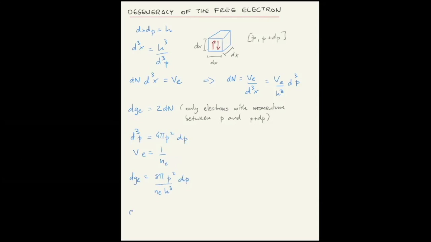We can write this then as a differential of the number of ions in the upper level, the ionized state, over the number of atoms in the ground state, is equal to Gi plus 1 times dGe, the differential of the degeneracy of the electron, over Gi, the degeneracy of atoms in the neutral state, and the exponential then of the energy in the upper state, the ionized state, minus the energy in the ground state, the neutral state.